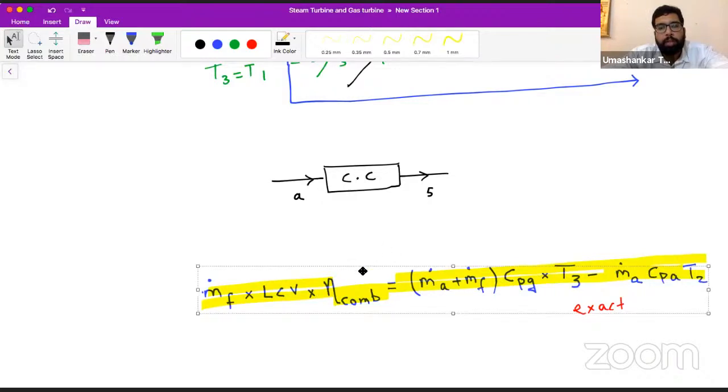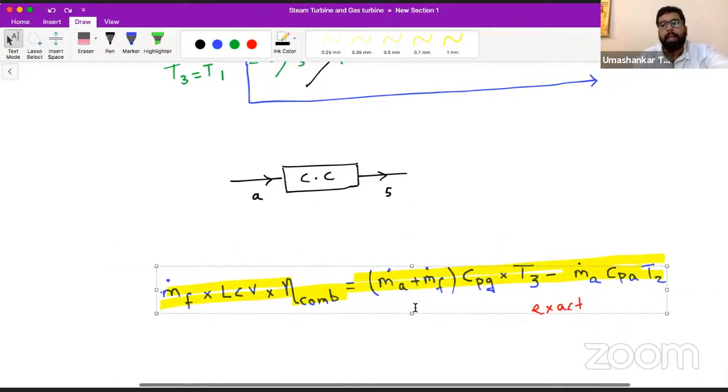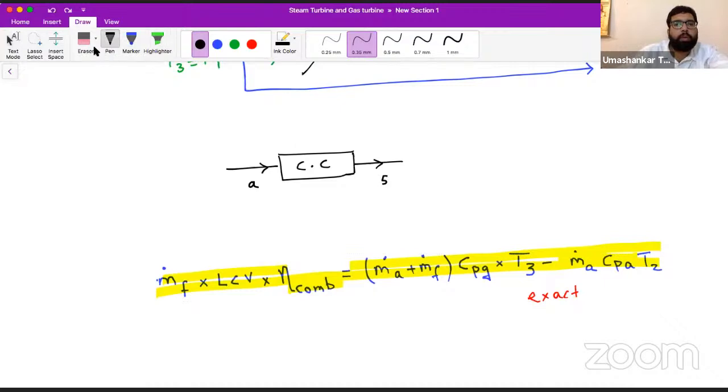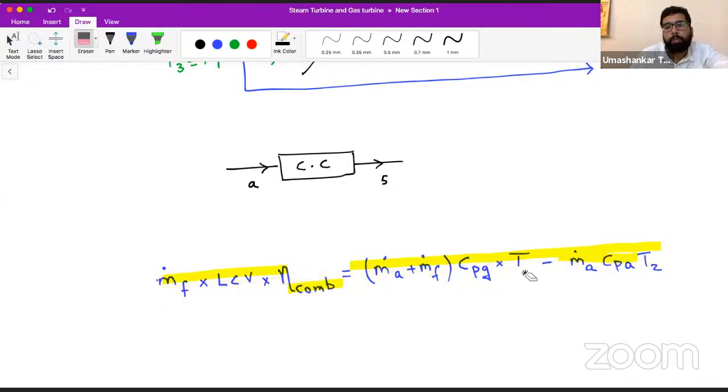So from this question, it must be clear to you when to use the exact solution and when to use the approximate solution. We have already used the approximate solution, so here I should use the exact solution.